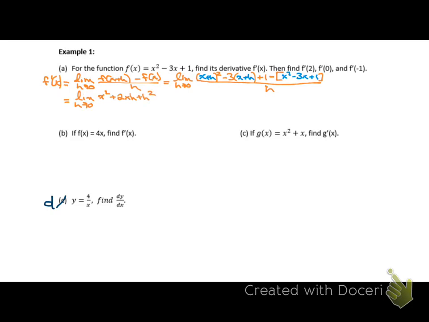Now I'm going to distribute the negative 3, so we get negative 3x minus 3h plus 1. And now we're subtracting that entire equation, so we get minus x squared, plus 3x, we're distributing the negative, minus 1, and that is all over h.